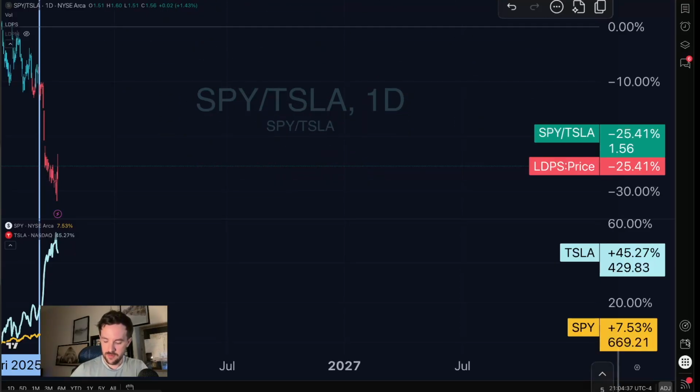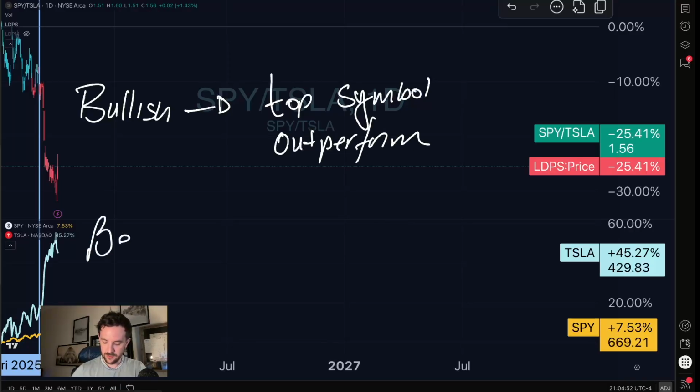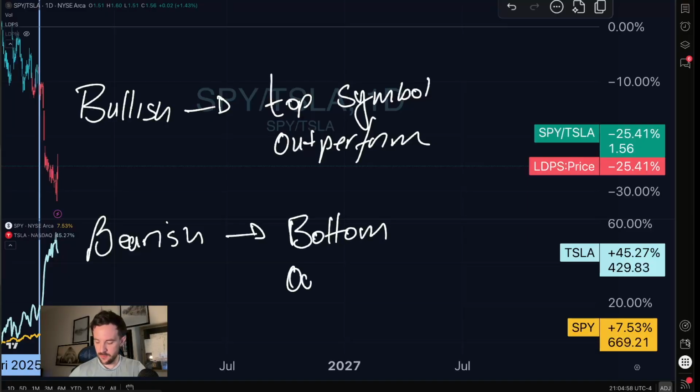So in a nutshell, bullish means the top symbol is going to outperform, and bearish is that the bottom symbol will outperform.